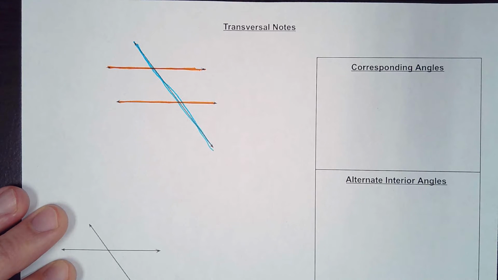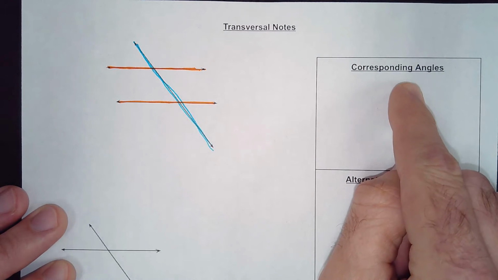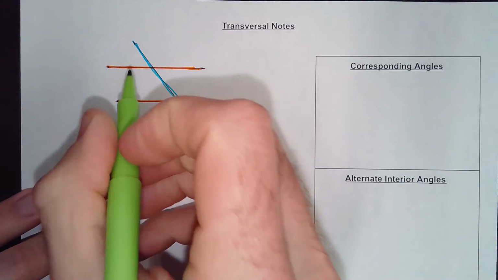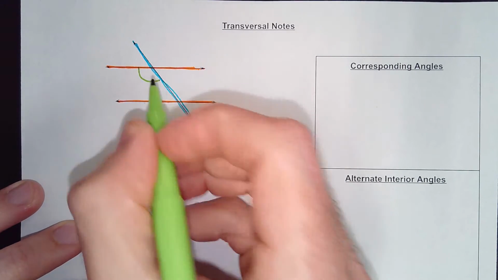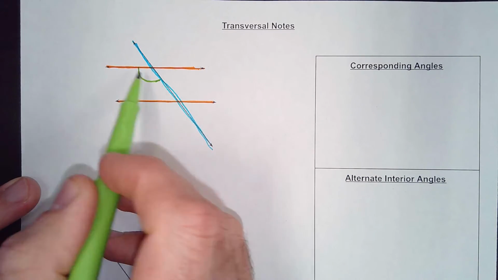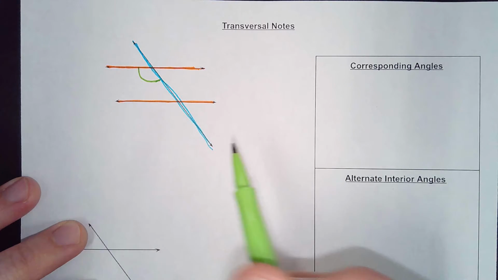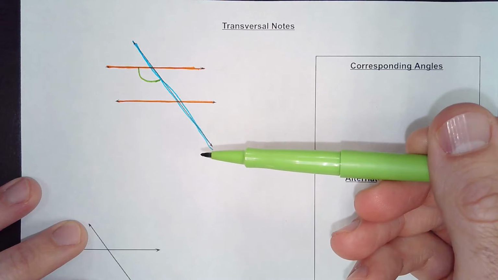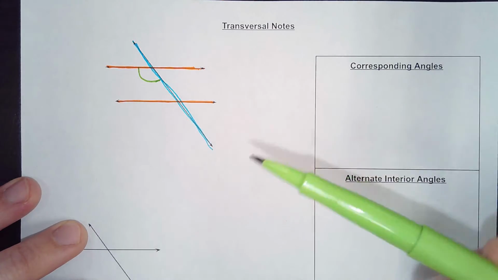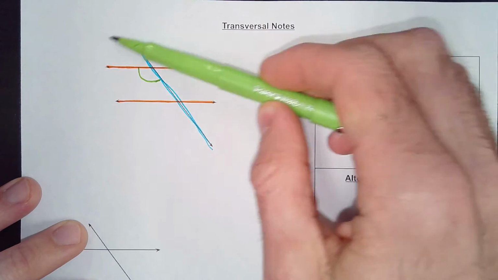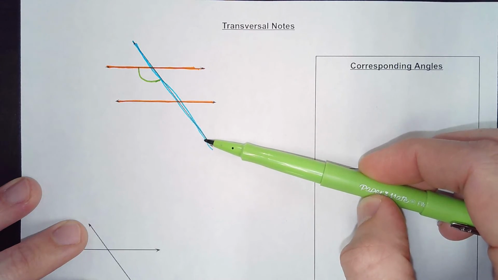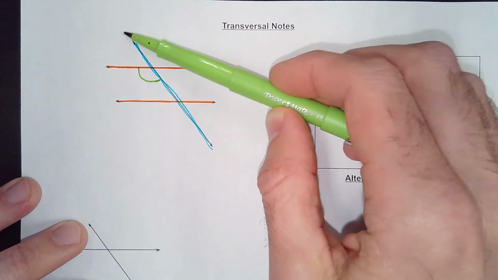Now, if we want to talk about corresponding angles, imagine this angle here in relationship to the orange line and this blue line. If we look down below, which one would be the corresponding spot, or the same location, with this parallel line and the intersecting line down here?